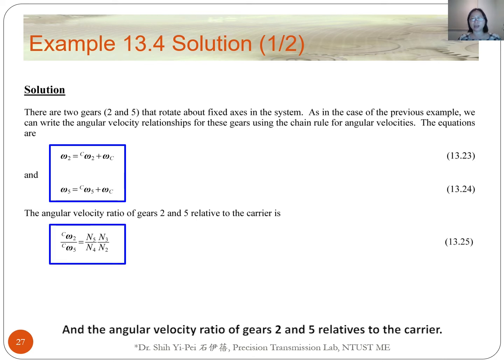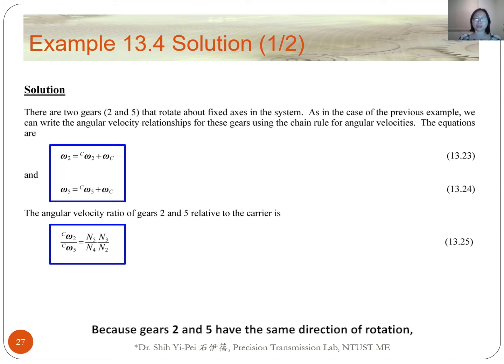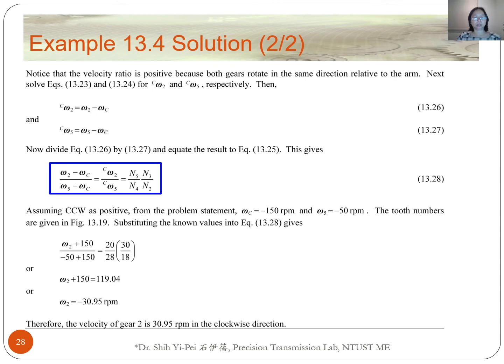And the angular velocity ratio of gears 2 and 5 relative to the carrier. Because gears 2 and 5 have the same direction of rotation, the ratio is positive. We have the angular velocity ratio of gears 2 and 5 relative to the carrier.